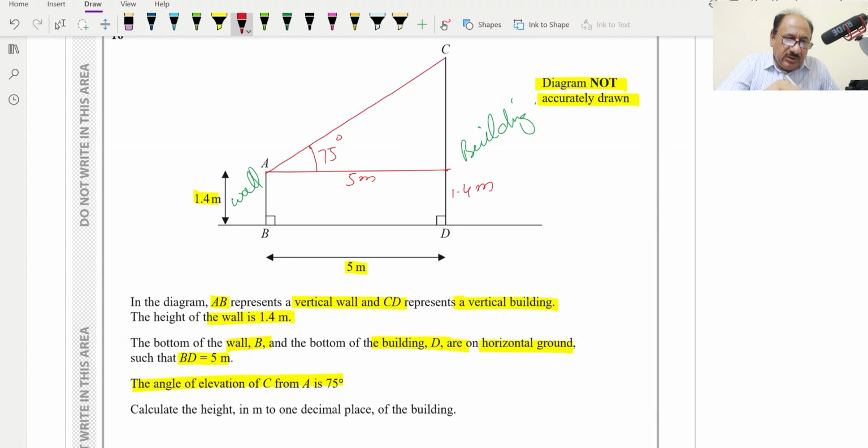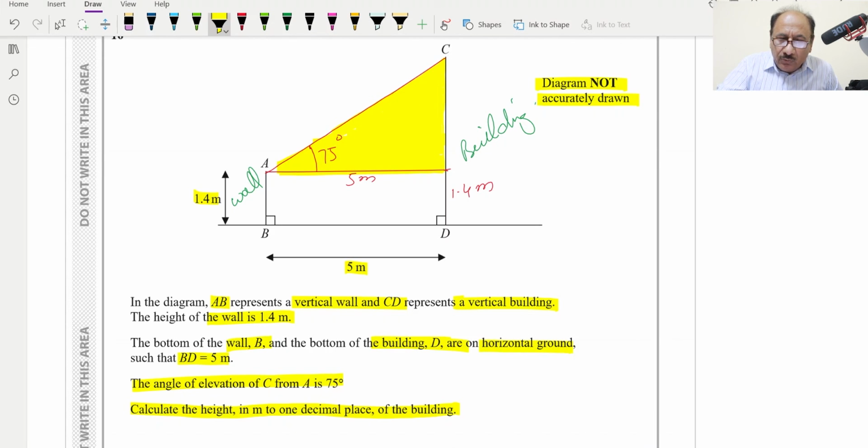This is the information given, and now we will be considering basically this triangle to find what we have to find. Calculate the height in meters to one decimal place of the building. Height of the building will be required. So by using this triangle we will find the height which is above 1.4 meters.